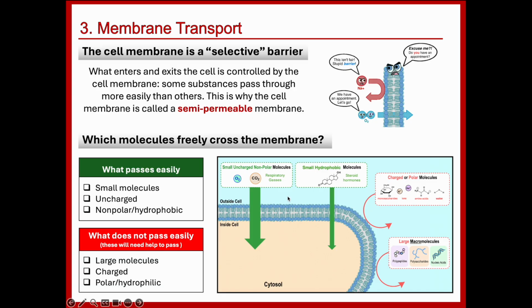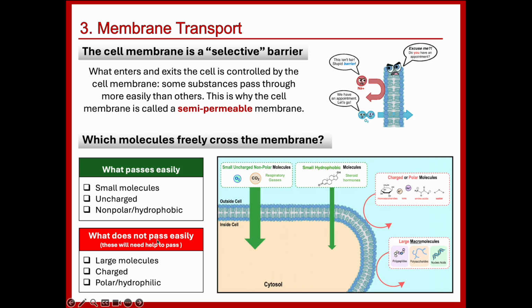Because charges are polar, so they would not be able to interact with the hydrophobic tails. Nonpolar and hydrophobic molecules can also pass through because these tails are also hydrophobic. So whatever is hydrophobic and nonpolar can go through.